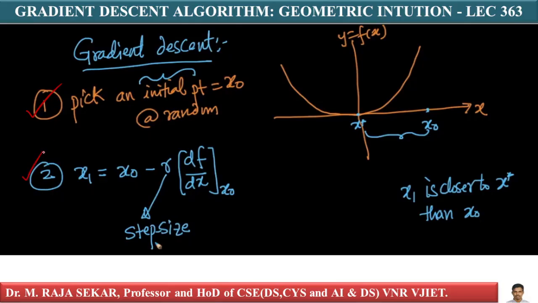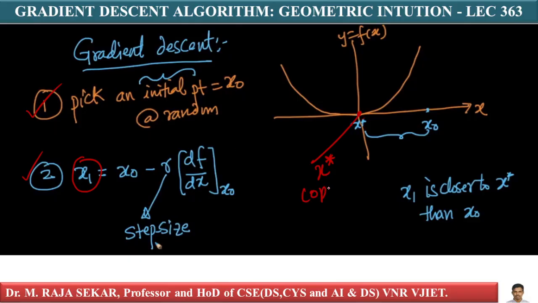Step number 2, we want to find x1 such that x1 is closer to x star. This is x star. This is the solution, isn't it? We want to find x1 such that x1 is closer to x star. What is this x star? This is optimal.